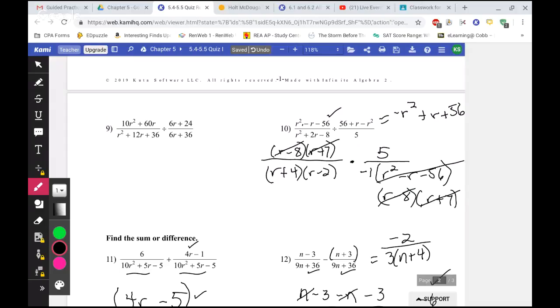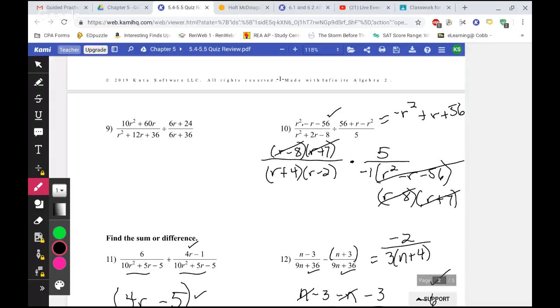So then I have a -1 on the bottom, but I want to reiterate that it really wouldn't matter whether it's top or bottom because I have a positive on the top and a negative on the bottom here. It doesn't make any difference because a negative divided by a positive is still a negative, or a positive divided by a negative is still a negative.